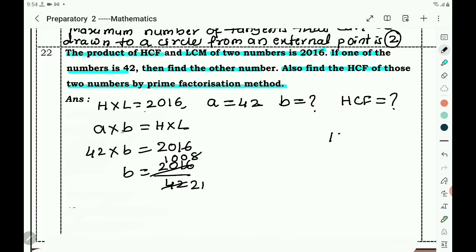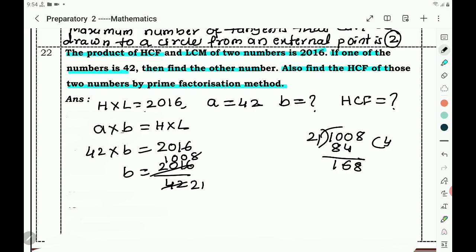Then you take 1008 by 21. 100 you take 21 5s are 105. So you take 4. 21 4s are 84. 10 minus 4 is 6 and 9 minus 8 is 1, 168.